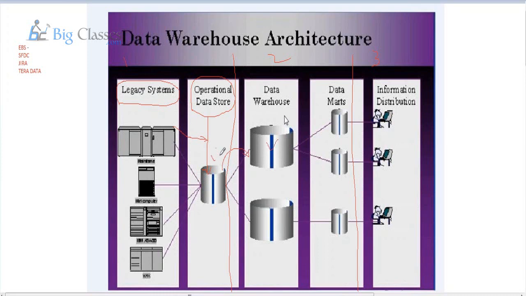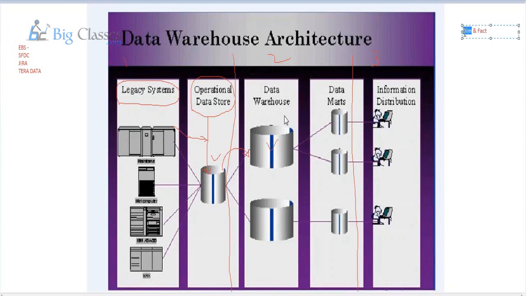When we are loading the data from operational data source to data warehouse, we will divide the data into 2 parts: one is dimension, second one is fact. That's what we call a data warehousing model, called dimensional modeling. So dimensions and facts. We will divide the data into 2 ways: dimensions and facts.